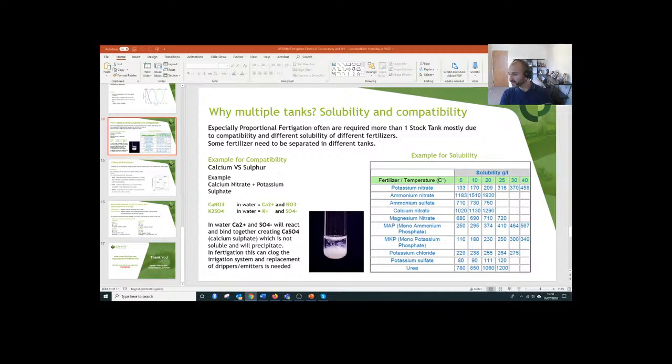Someone is asking, is it good to have calcium and magnesium fertilizers on the same day or alternate days? The day doesn't matter. The problem is the forms of calcium and magnesium, because as you probably know, there's no fertilizer with just calcium. There's always calcium chloride, calcium nitrate, calcium sulfate, calcium with something. As I said also in this slide, calcium and sulfur are actually not really good friends, and there is a table of compatibility.